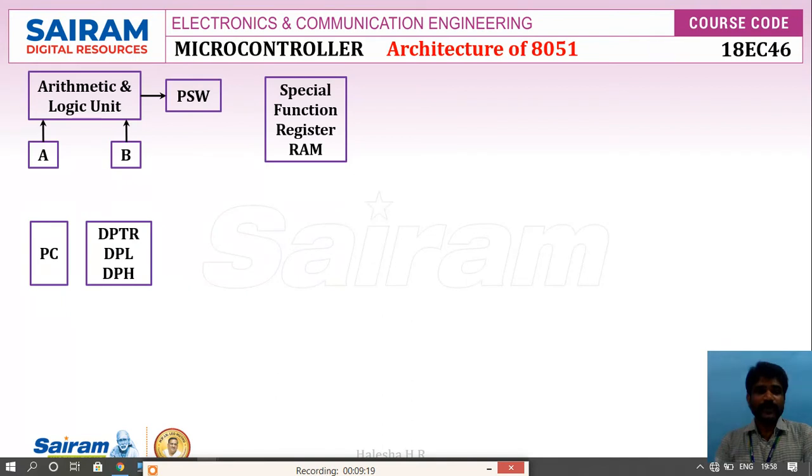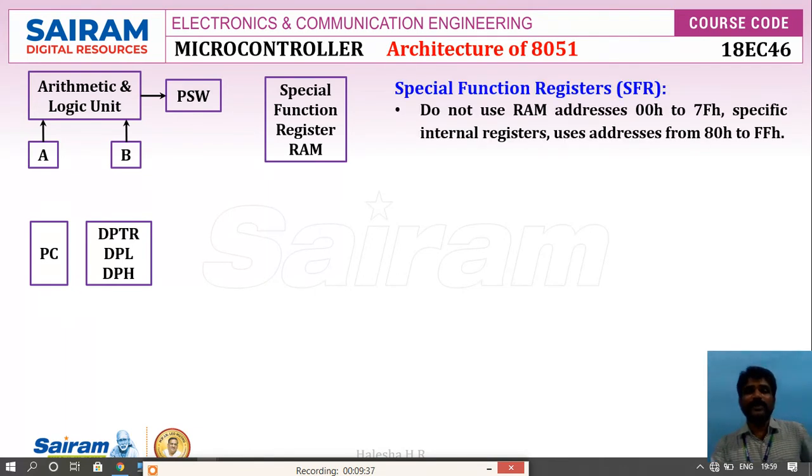And we'll see the special function register RAM. As the name itself tells, a special function register has a special role. Some memory area is assigned for special function registers, and that is called special function register RAM. These registers do not use the addresses from 00 to 7FH.